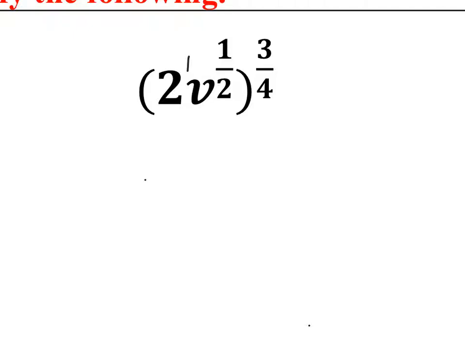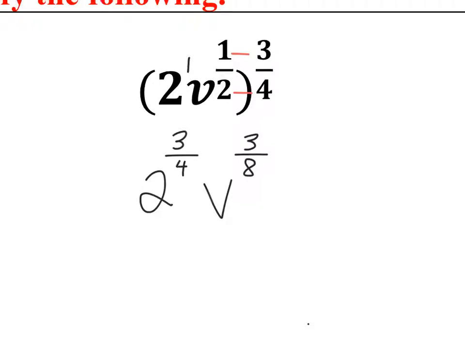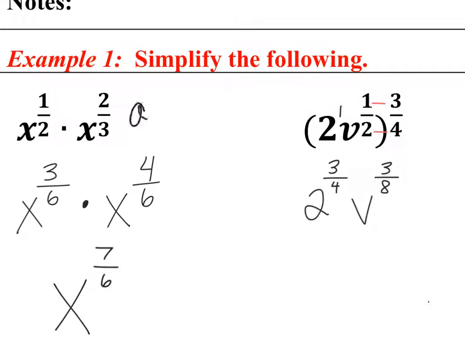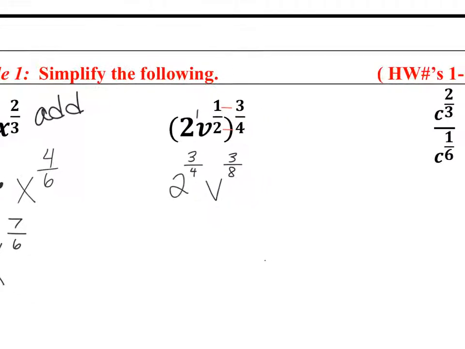So it's going to be 2 with a 3/4 power, and we multiply straight across here. So 3/8. Can it simplify any of those fractions? I don't think so. So so far we've done add, and this was multiply.